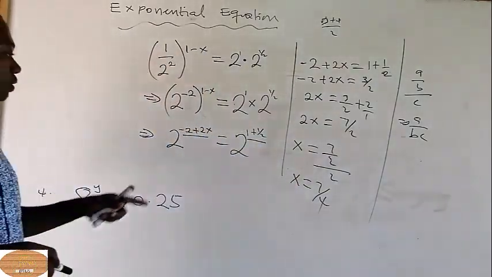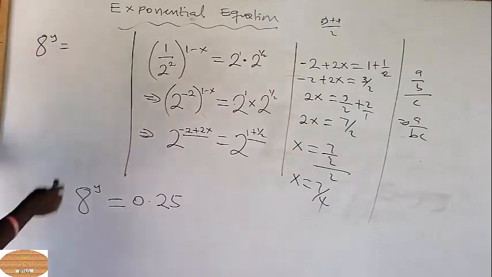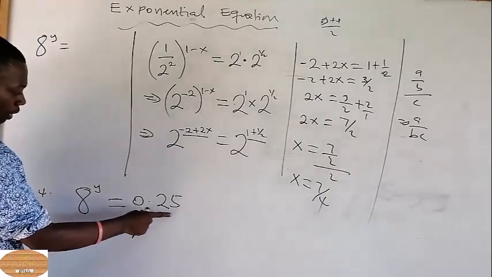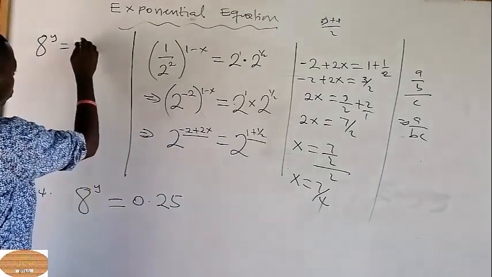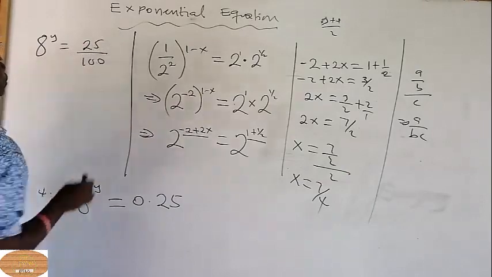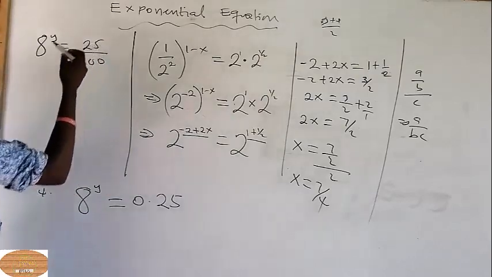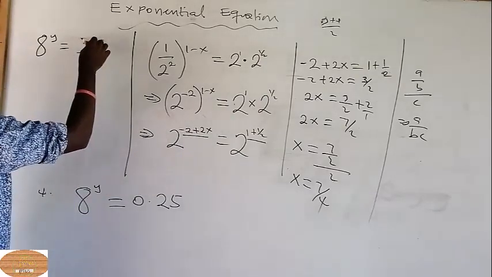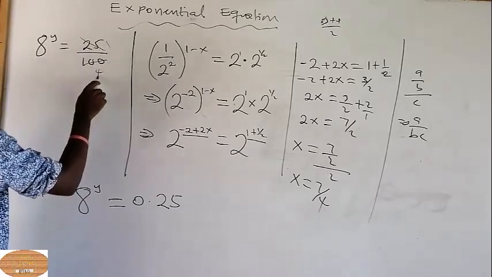Alright. For example, so this one is the same as 25 over 100. Because 25 over 100 is the same as 0.25. So this one can be written like this. Alright. So let's do cancellation. 25 here, 1 into 100 is 4.